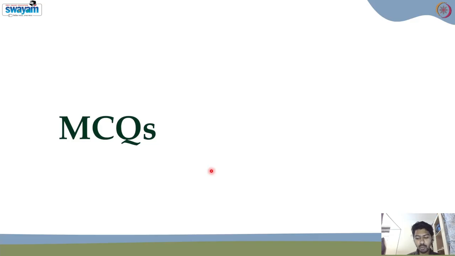So this is all about biodegradation. If you have any doubts, you can post them in the chat box, and if you do not have any doubts, we can move on to the MCQ session without any delay.